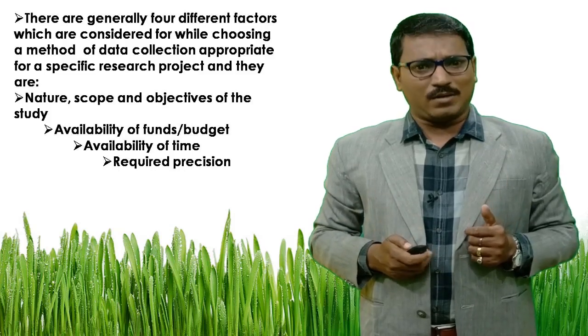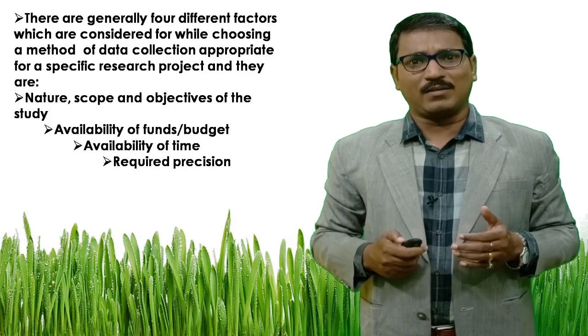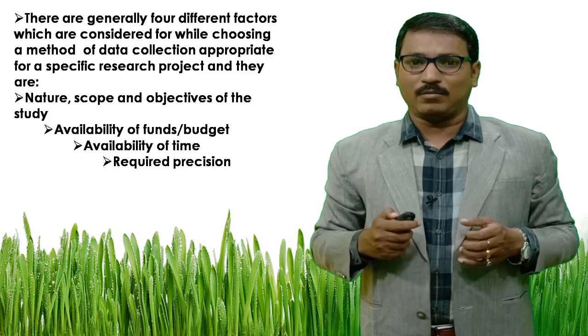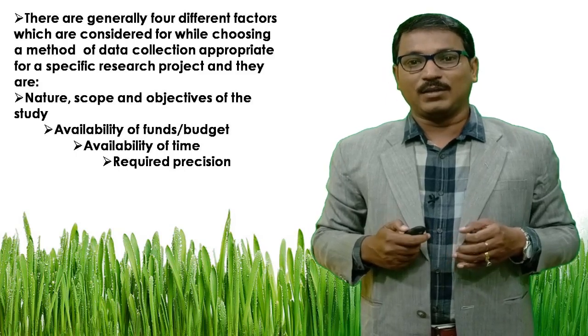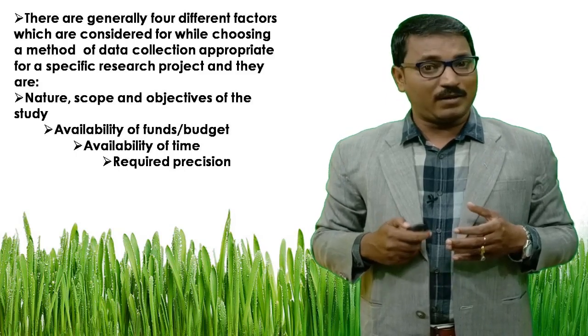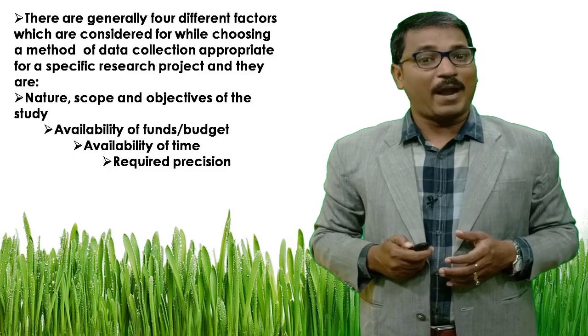Now let us discuss all of these factors one by one and we would come to know how these factors affect the choice of an appropriate method for primary data collection.